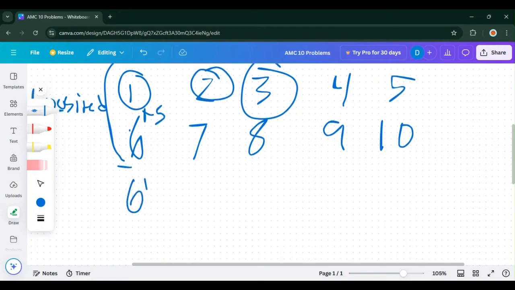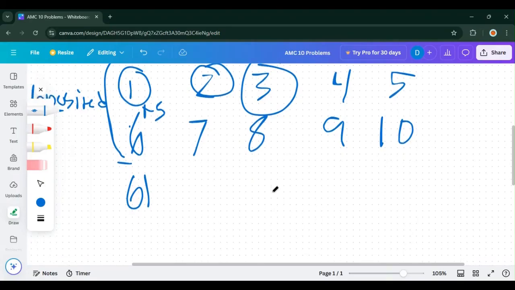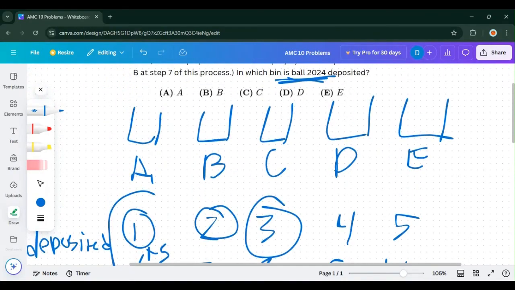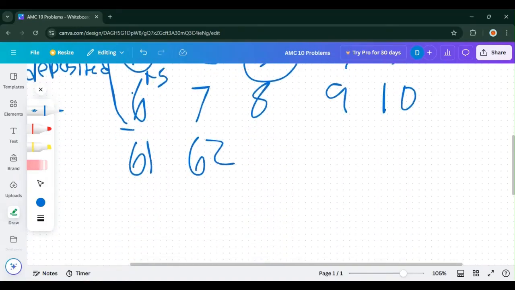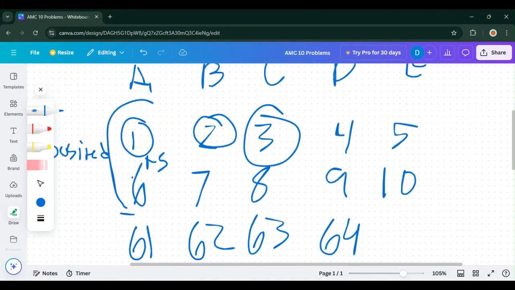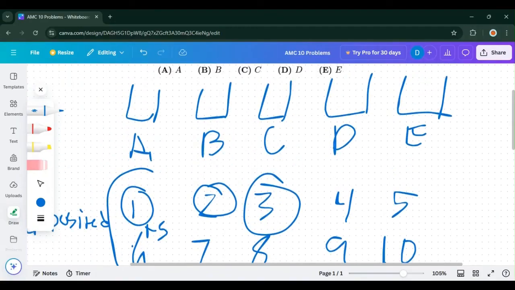We'll have 61 balls put into that first bin, 62 balls put into that second bin, which is bin B, 63 balls into the third bin, bin C, 64 balls put into the fourth bin, which is bin D. So we'll see that the answer is D.